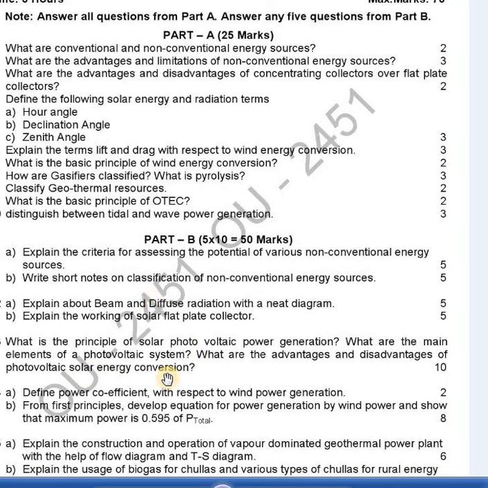Beam radiations are direct radiations coming to the earth's surface without being diverted, refracted, or reflected by any particles, and diffuse radiations are those reaching the earth's surface after being reflected from atmospheric materials and different sources present in between.